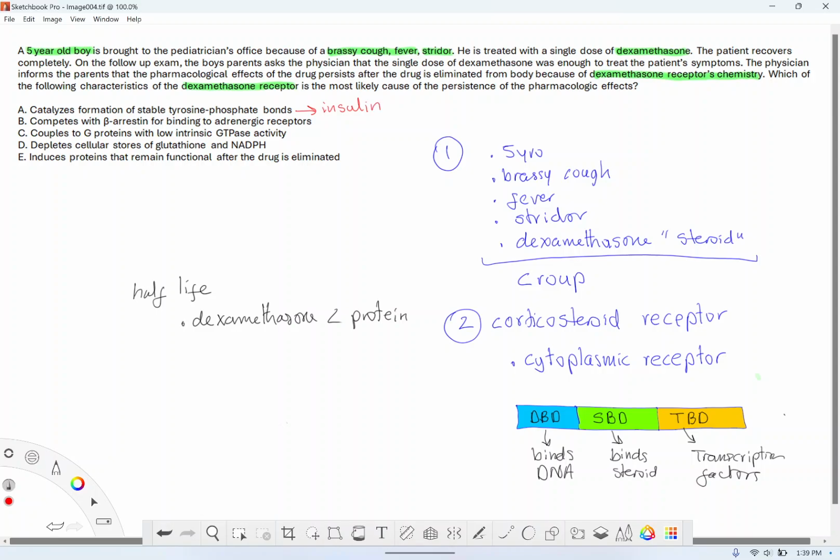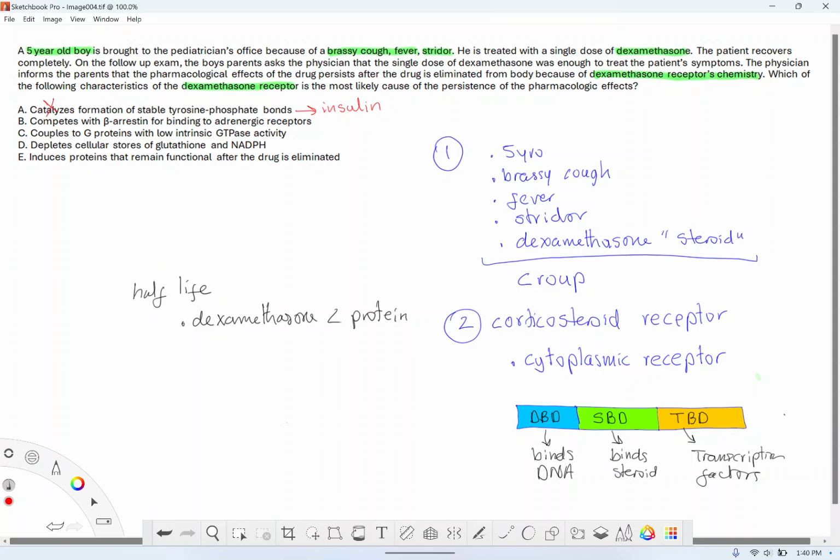Once insulin attaches to the tyrosine kinase receptor, which is a cell surface receptor, not a cytoplasmic receptor, the two receptors will dimerize and then go through autophosphorylation and then do its effect. So A is not a choice. Number one, tyrosine kinase receptor is a cell surface receptor. Number two, it's for insulin.